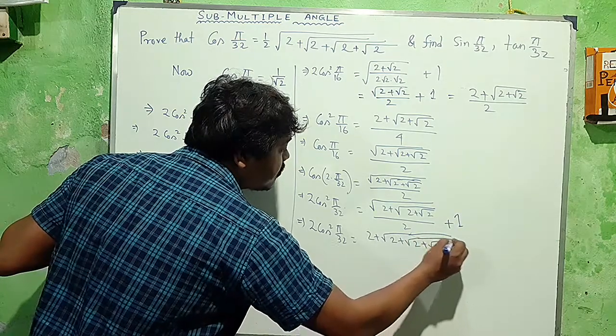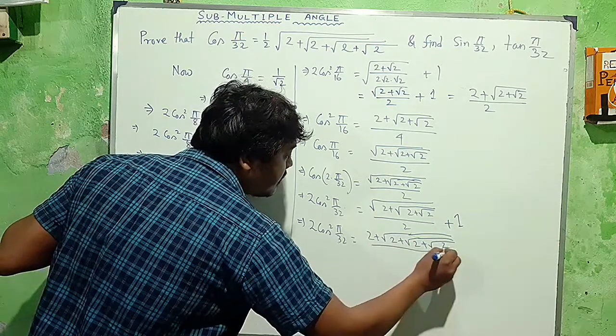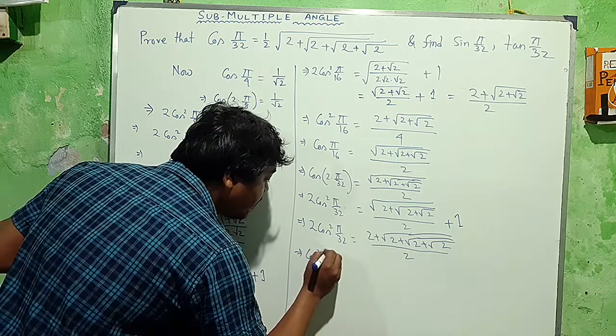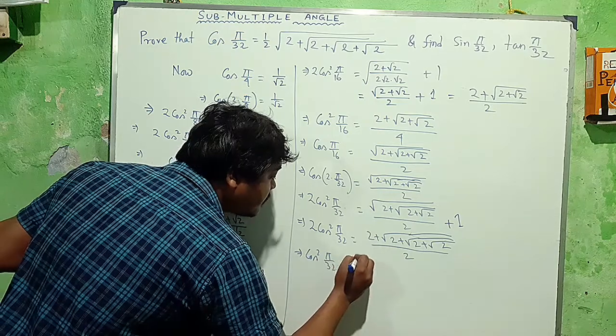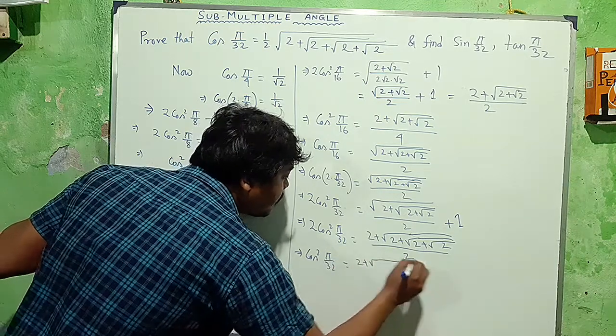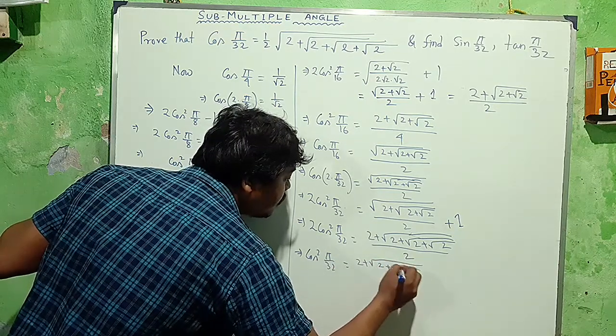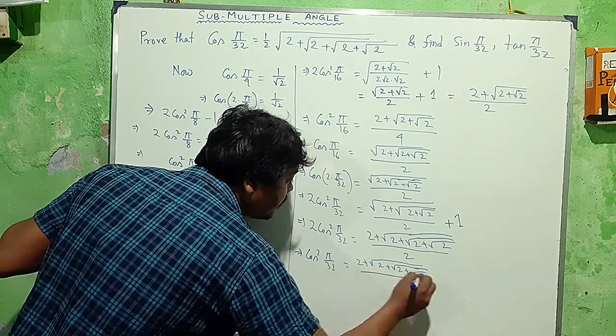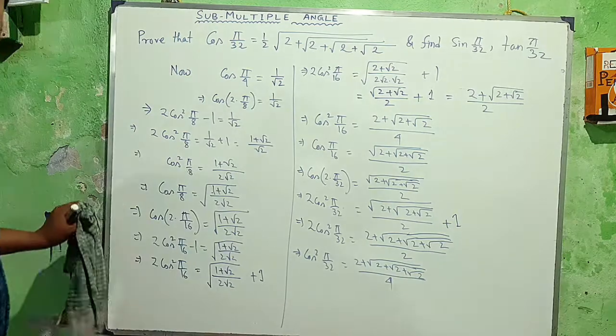2 plus square root of 2 by 2. And then cos square pi by 32 equals 2 plus square root of 2 plus square root of 2 plus square root of 2 by 4. Okay.